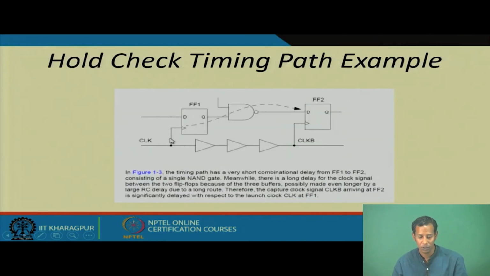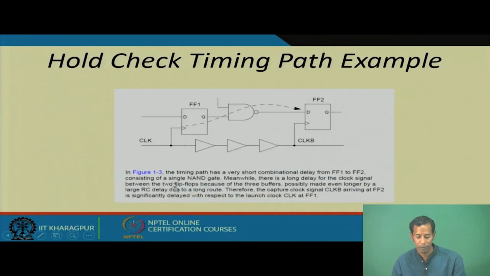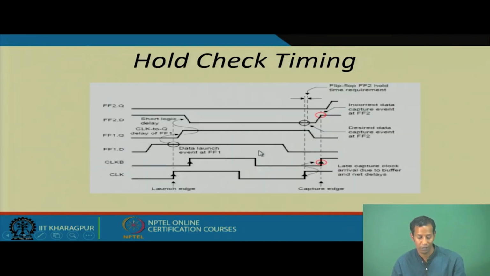This is the clock, and this is clock B. Clock B is basically delayed. Why is it delayed? Because we have already put some buffers over here. Depending on the delay of those buffers, this clock signal will be delayed and will act as clock B. Now this clock A is connected with flip flop 1.